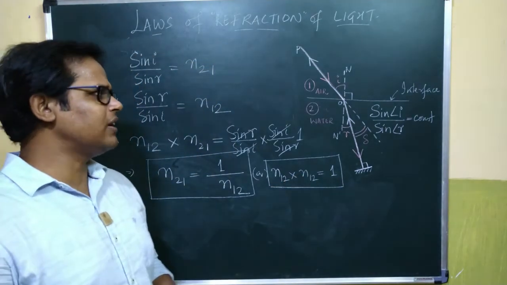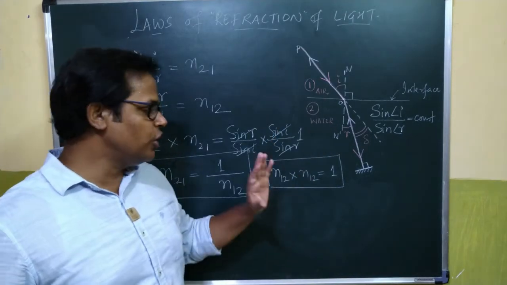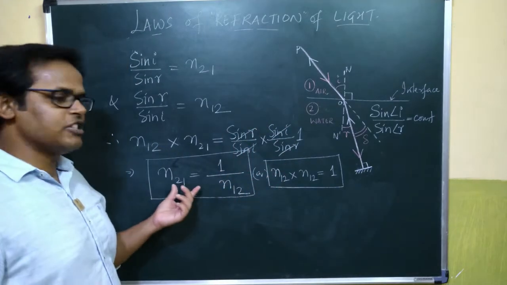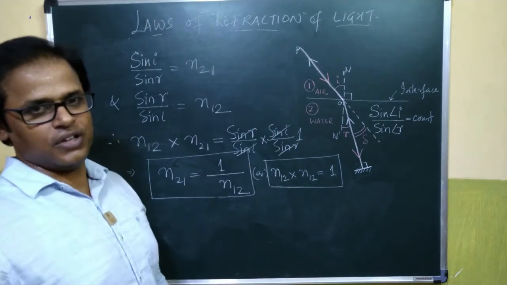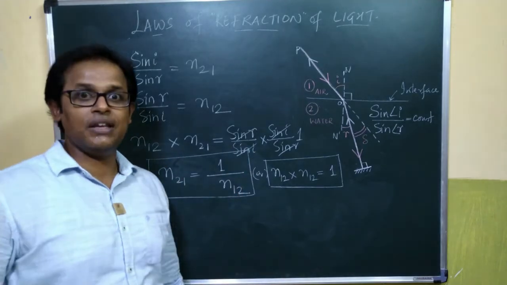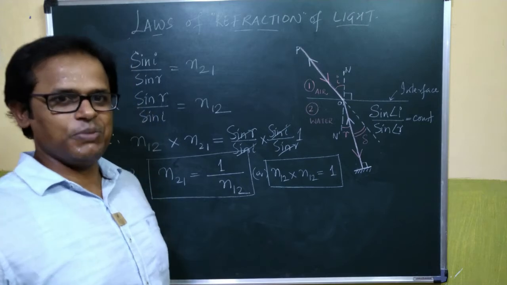So once you calculate the refractive index of medium 2 with respect to medium 1, you need not do that sine r by sine i. Simply take the reciprocal of your answer, and you get n12. Or for the case the other way around. I hope I'm very, very clear. Alright, please note it down.